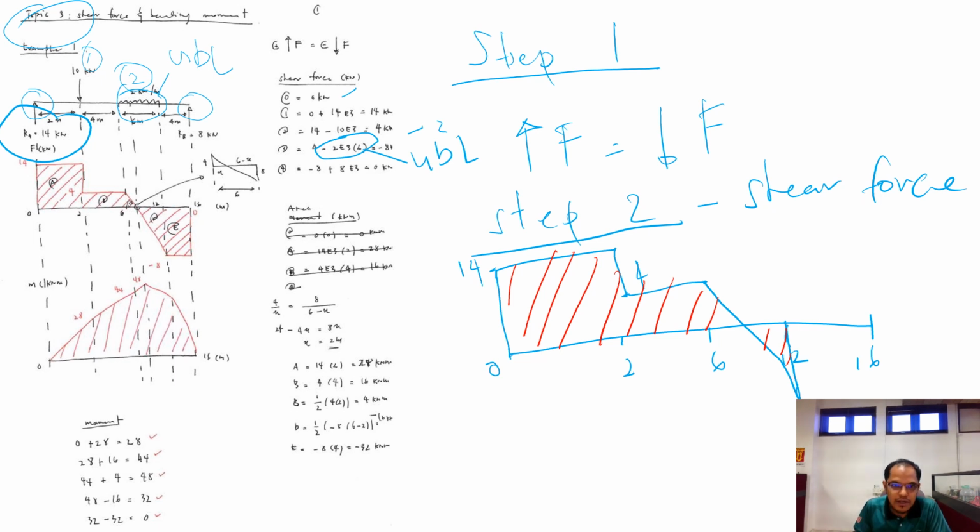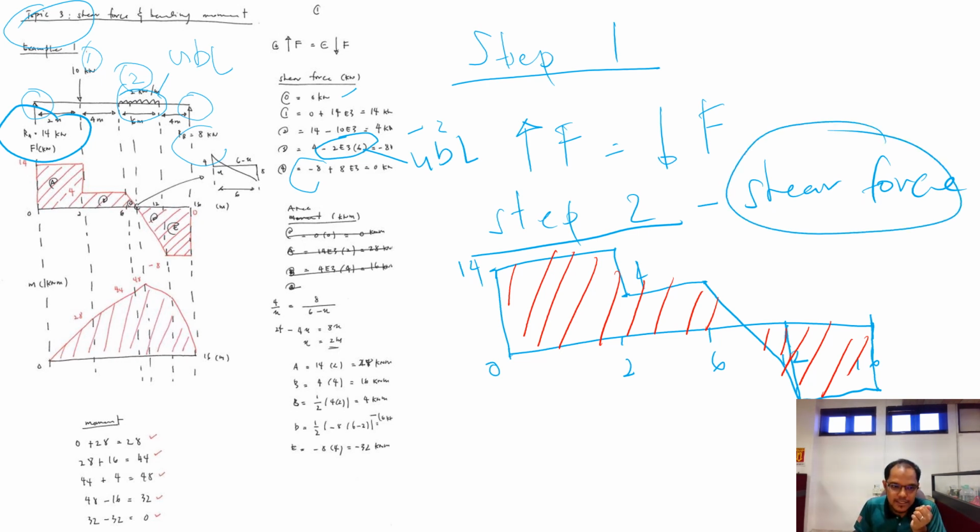So this one is negative 8, and then from negative 8 we're going to further up until 16, and then negative 8 you're going to plus with RB, which is 8 kilonewton, so it goes back to 0 like this. So this is how we managed to get the shear force.